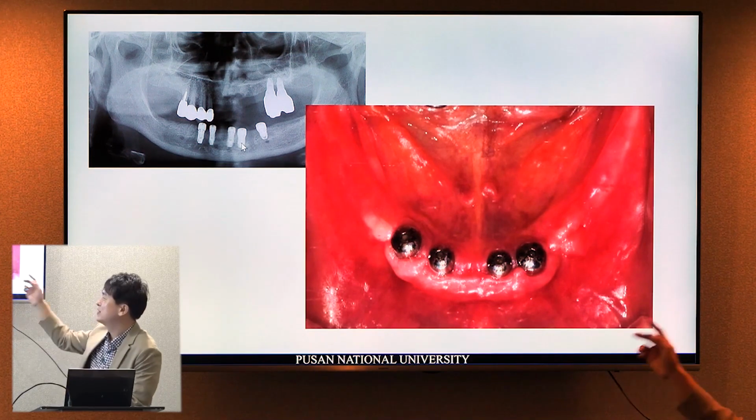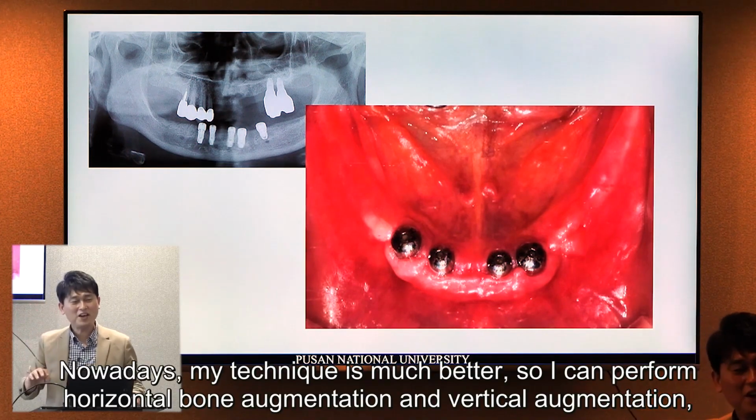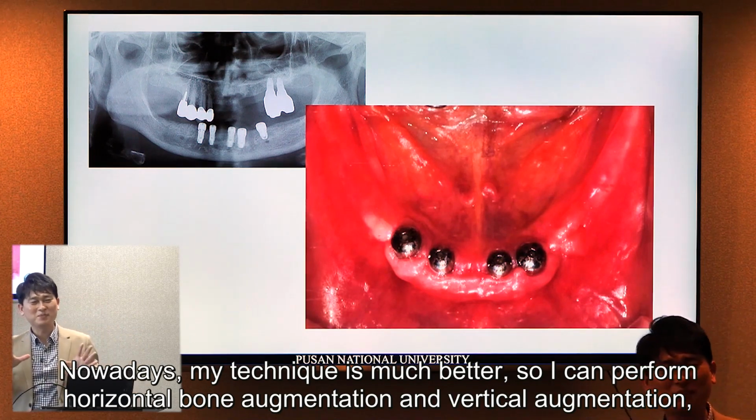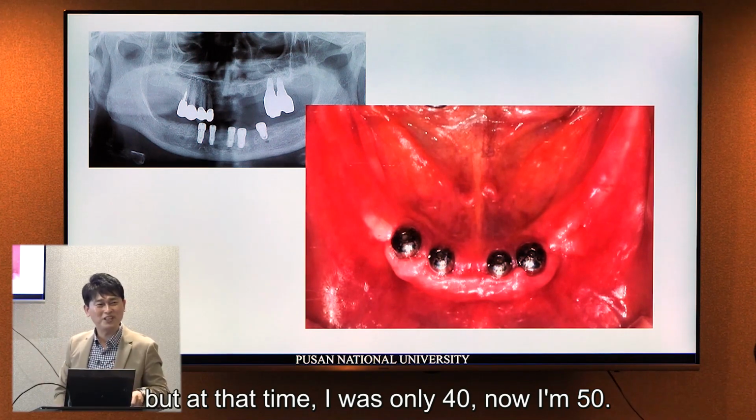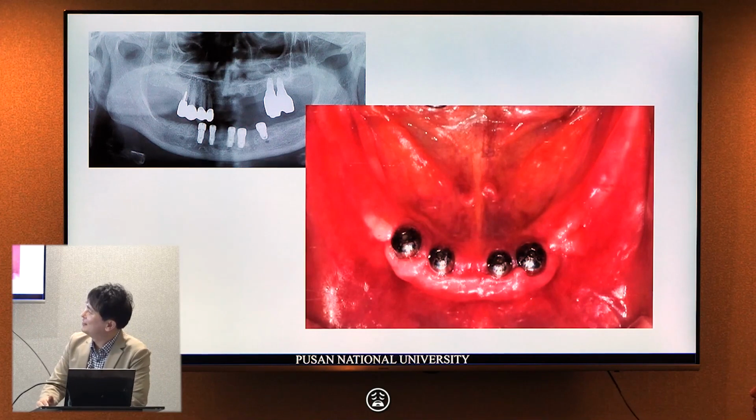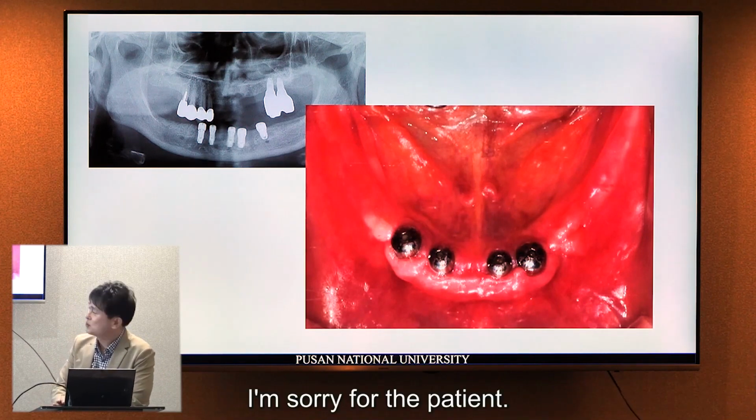So I'm so sorry. Nowadays, my technique has increased. I can do the horizontal augmentation and vertical augmentation nowadays, but at that time, I was only 40, now 50. Anyway, I am so sorry to this patient.